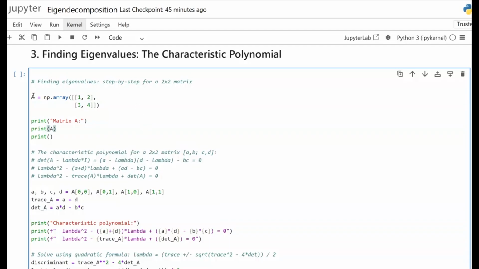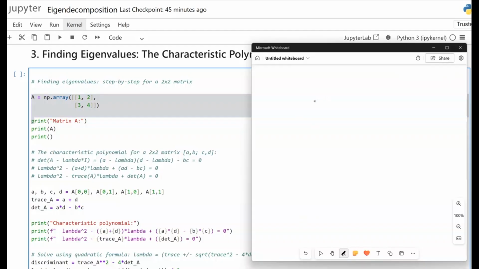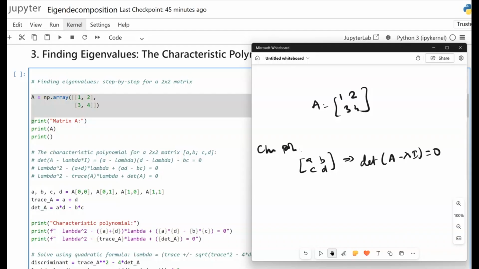So yes, dear friends, here is the matrix definition. We have the matrix A, which is equal to [1, 2; 3, 4]. Here it explains the characteristic polynomial: for a generic matrix A, B, C, D, the eigenvalues satisfy, kindly observe, determinant of A minus lambda I equals 0.